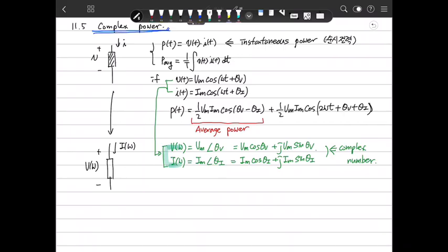Based on these phasor values, I want to calculate the power. This can be written as Vm exponential j theta V, and Im exponential j theta I. These variables are complex numbers.